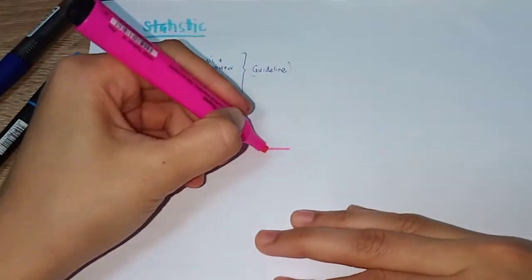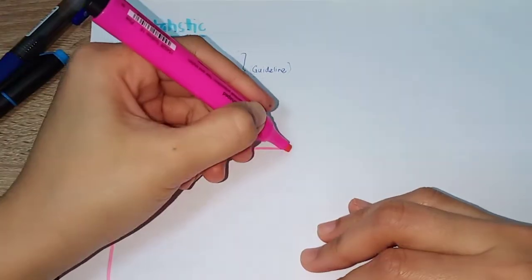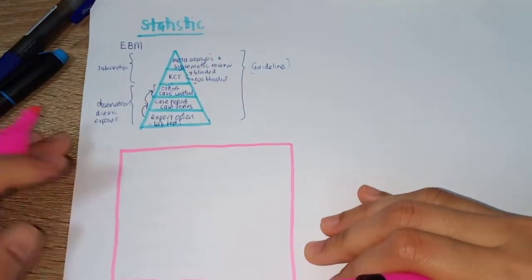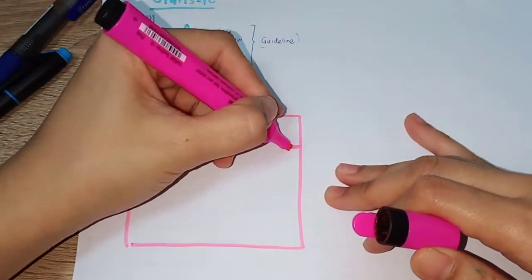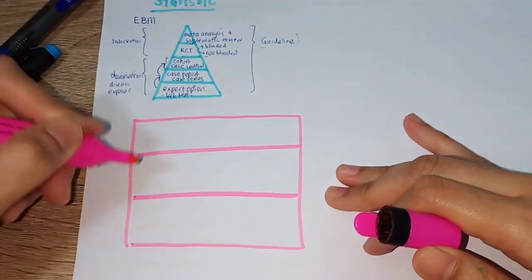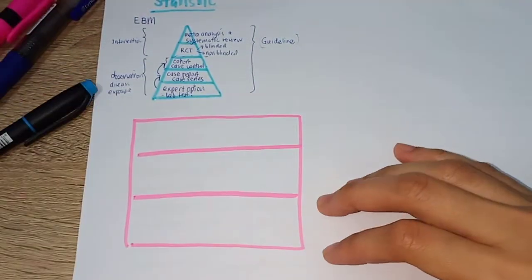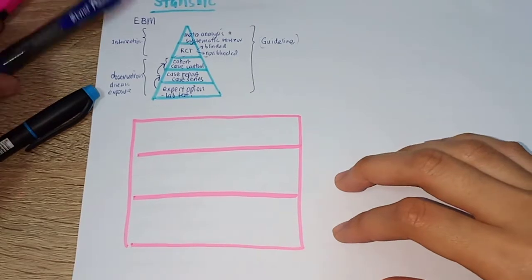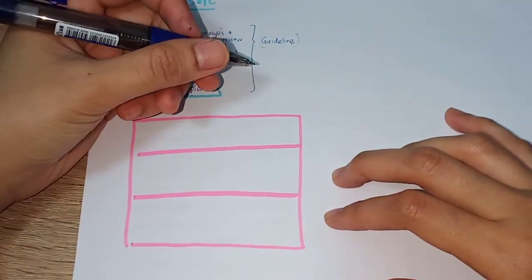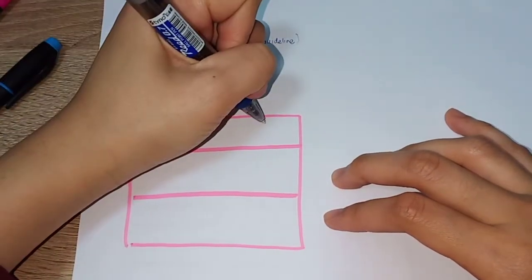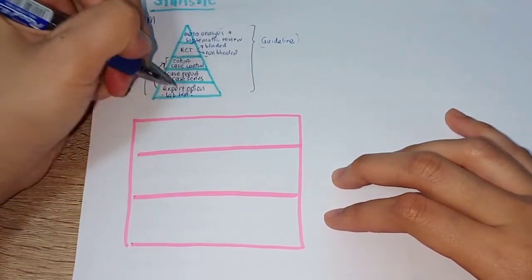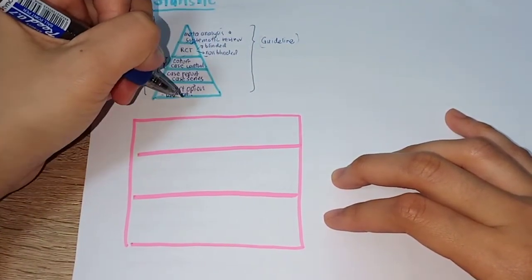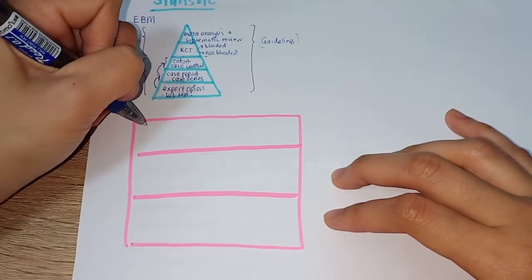So let's go to this table. For example, this is a researcher. Basically, case control is when you know about the disease, but you don't know about the exposure.